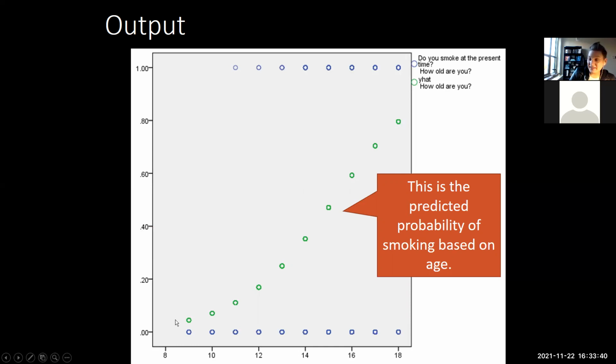But it's not a straight line. And so that is what this function looks like that we're fitting to these data. It's not perfect. Even all the way up here at 18, it's a pretty high use of tobacco. I think that nowadays this is much, much lower in kids. But at the time this data was collected, it's up near 80%. But it never gets all the way to 100%.